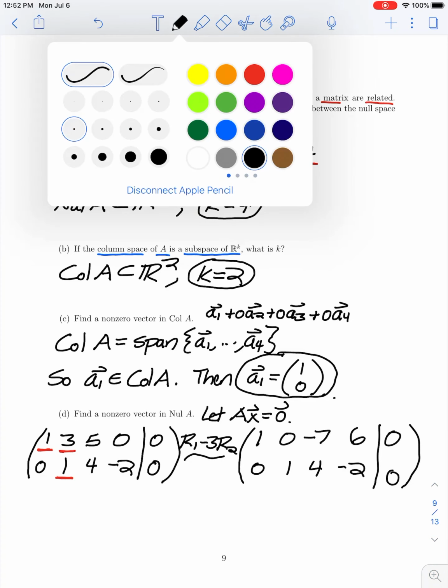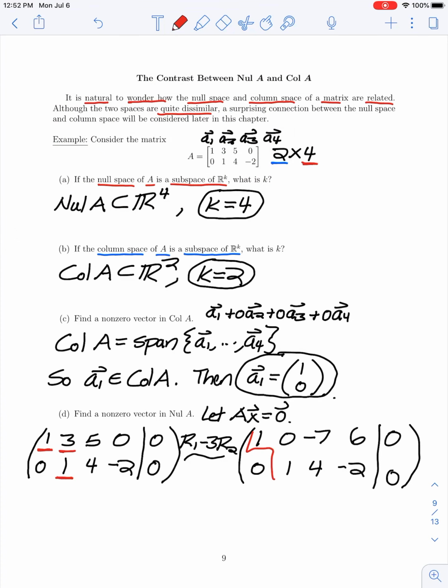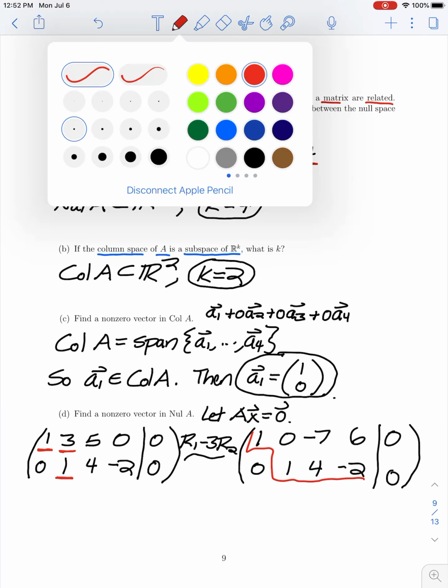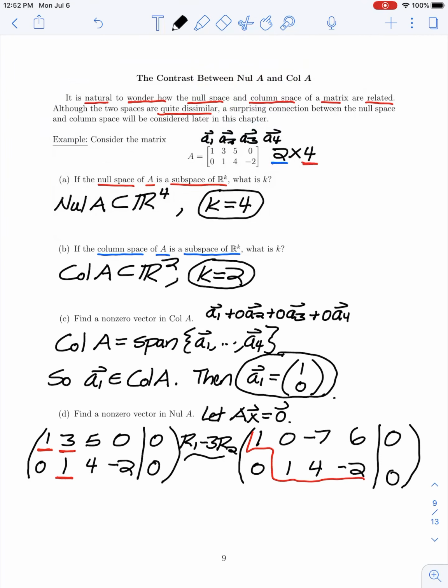So our matrix is now in reduced row echelon form. We see that columns 1 and 2 are our pivot columns, and so columns 3 and 4 will correspond to free variables. So let's write out our solution here. Looking at the components of a vector x, we see from our first row that x1 would have to equal 7x3 minus 6x4.